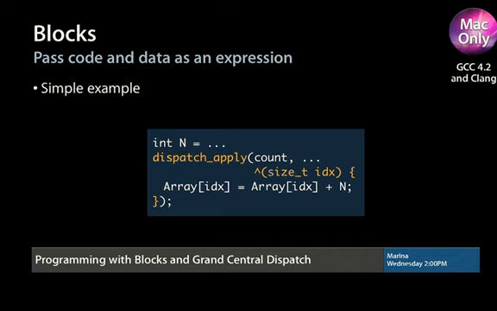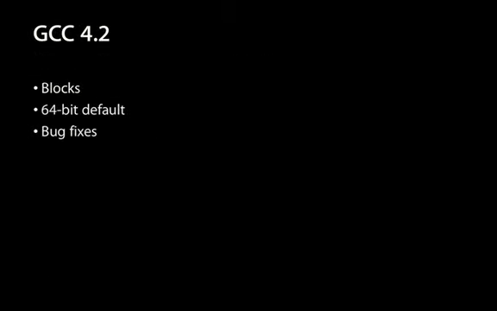Blocks I want to single out because they're the major new feature that we have added to GCC 4.2. If you look at the other enhancements to GCC we've made, GCC 4.0 has only had a small handful of critical bugs fixed over the last year. GCC 4.2 has had 3 changes: block support, which we added, some bug fixes, and it switched to 64-bit by default. 64-bit by default means that if you run GCC on the command line on a 64-bit machine, it will default to producing a 64-bit binary.